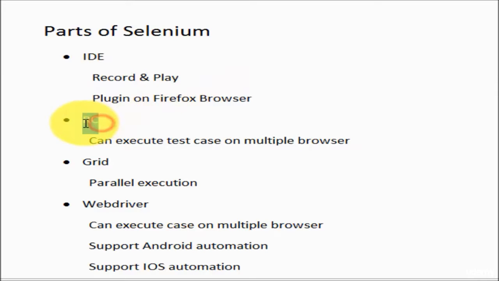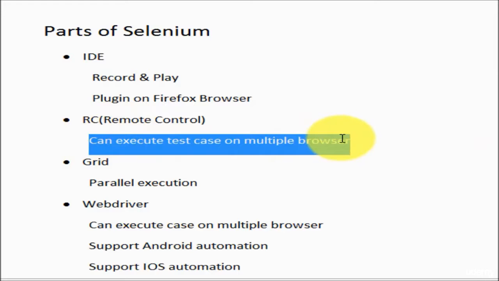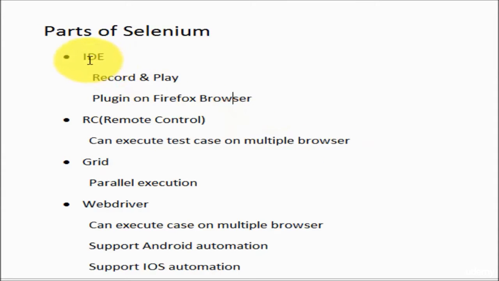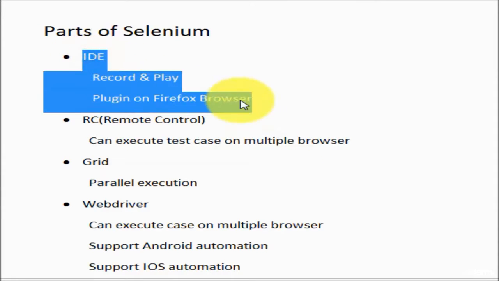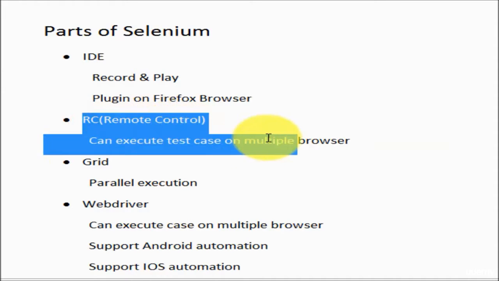Second component is RC. Full form is remote control. With the help of RC, we can execute our test case on multiple browsers. The test case which you have developed either with Selenium IDE or written in a programming language, if you want to execute it on different browsers, you can do so with the help of RC.